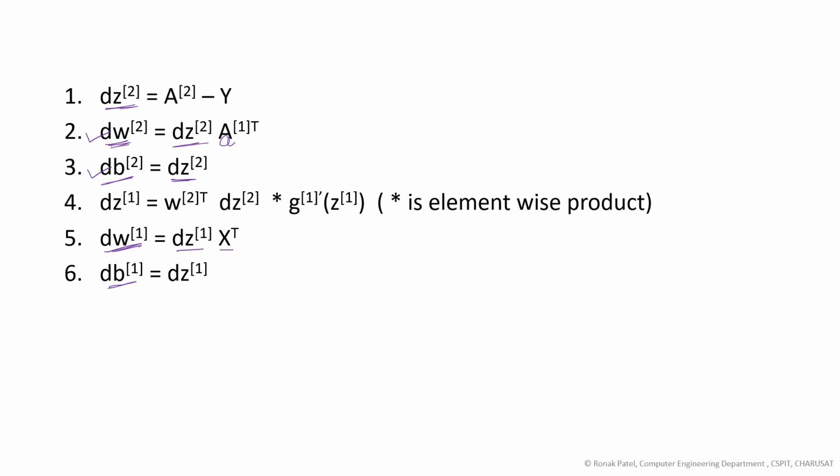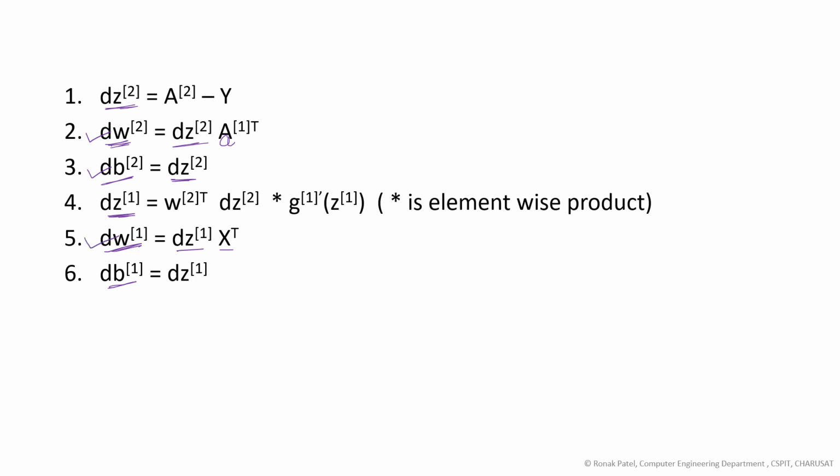Now x is the training example that we have, dz1 we don't have, so we'll calculate dz1 using this equation, right? In that you require your w2, your dz2 that we have, and the derivative of the activation function, right? So this way you can calculate this dw1 as well.